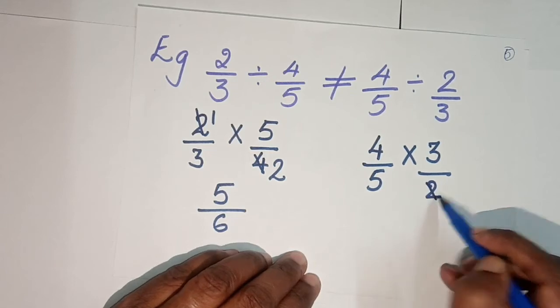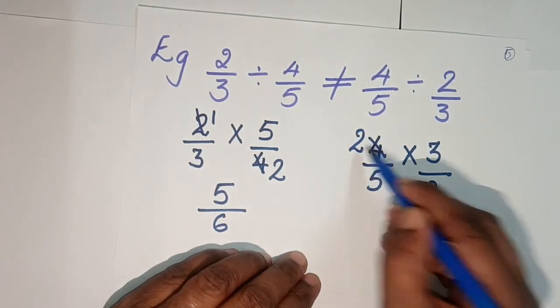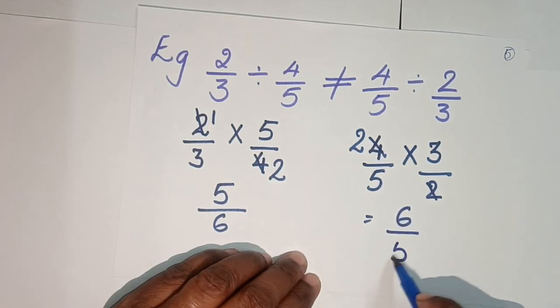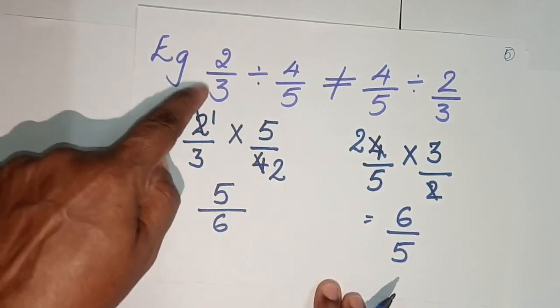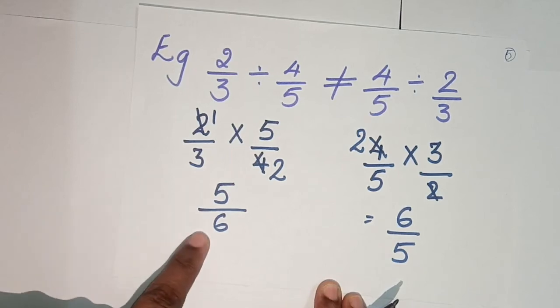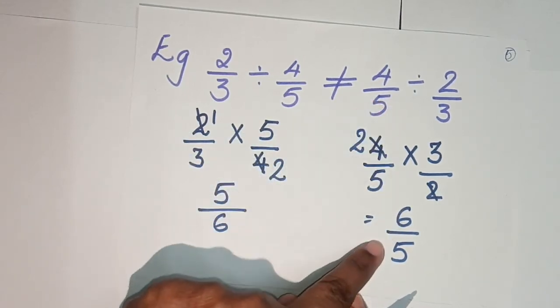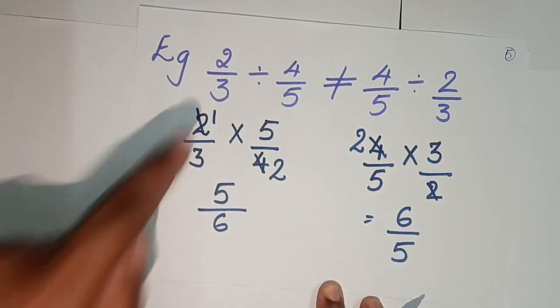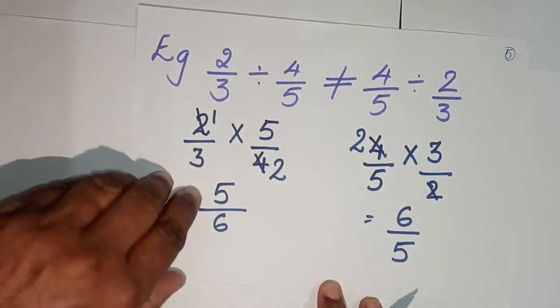So here 2 twos are 4, 2 threes are 6 upon 5. So here you got 5 upon 6, and here when you change the order we got the reciprocal. So division is not commutative.